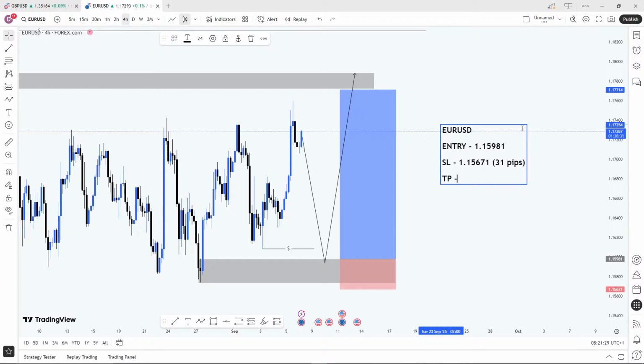Then the take profit is about 1.17714. So this is more of a swing, Euro USD swing buy, because it's gonna take some time. Right? It's not a trade that will get activated today and play out today.